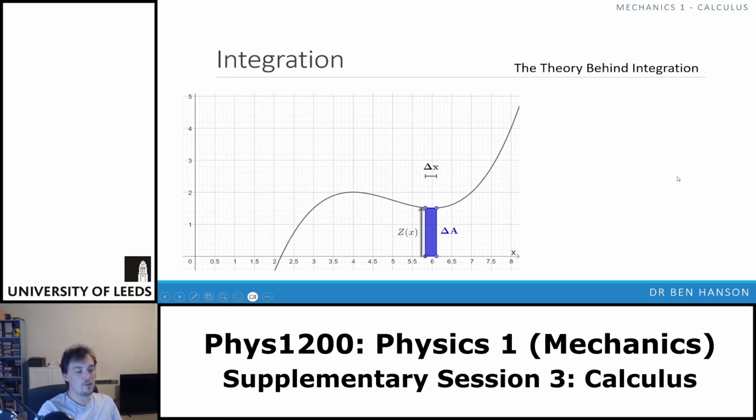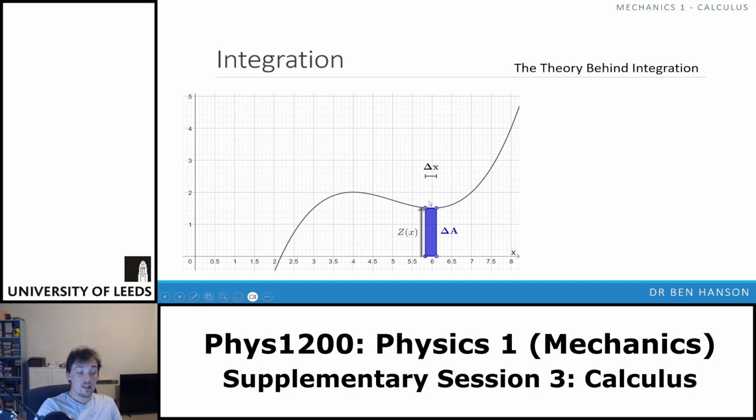So what's the theory behind it? Here we've got a curve. Again, it could be any curve, but I've drawn like an x cubed thing. It's a bit more stretched out so we can see things a little bit easier. This function is z of x. So we now know that dz by dx at some point is the gradient of this function.